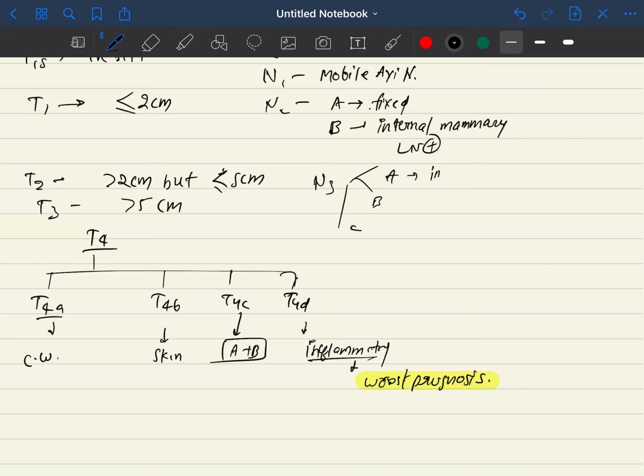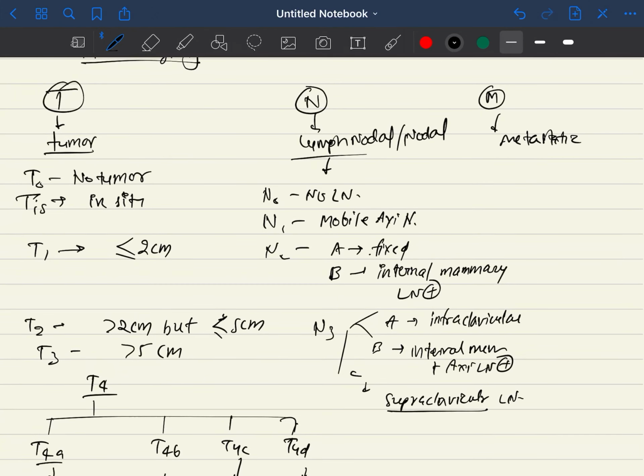A is infraclavicular, the second one is internal mammary plus axillary lymph node positive, and c is supraclavicular. So when you palpate and find supraclavicular lymph node involvement, it shows the N3 type.